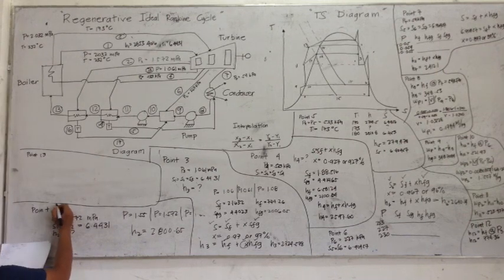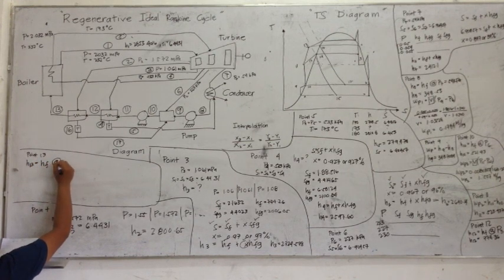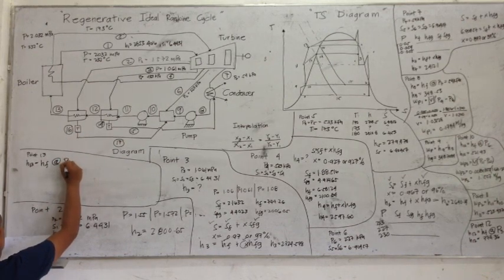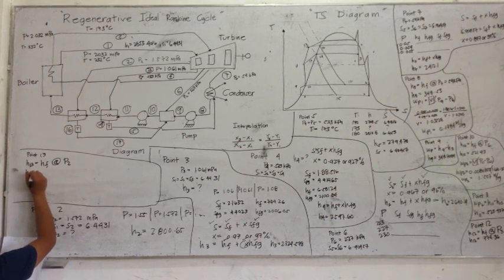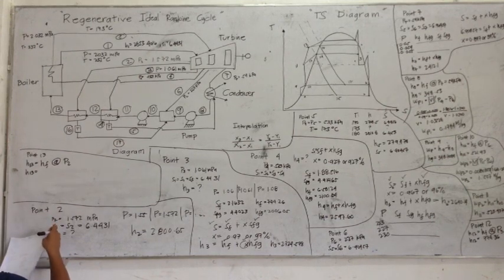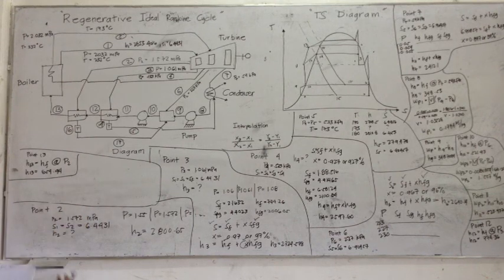So at point 13, H13 is equal to HF at pressure 2, so H13 is equal to 854.94. So now we are finished at point 13.